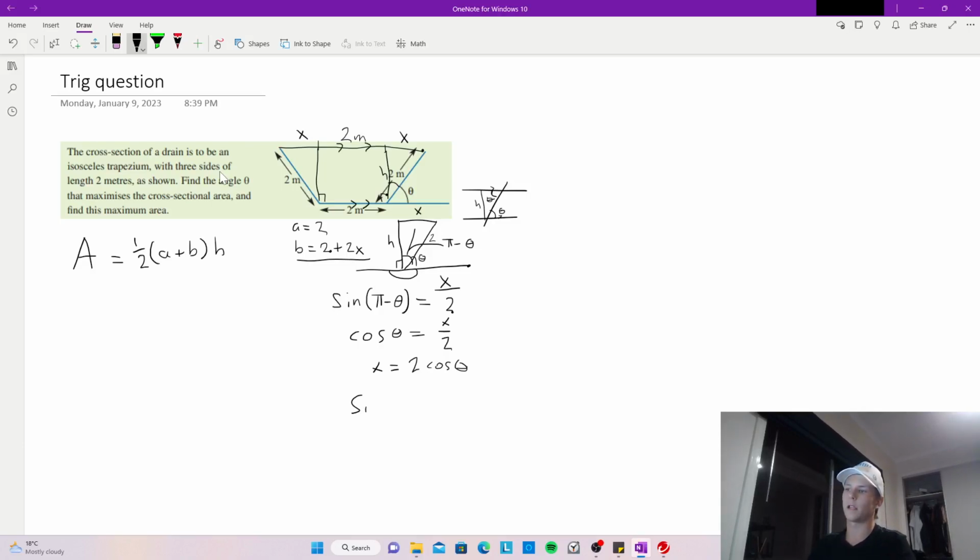So sine theta is equal to the opposite, which is the height, over our hypotenuse, which is 2, and therefore h is equal to 2 sine theta. So we've got our h value, we've got our a value, now we just need to finalize our b value, which we pretty much have.